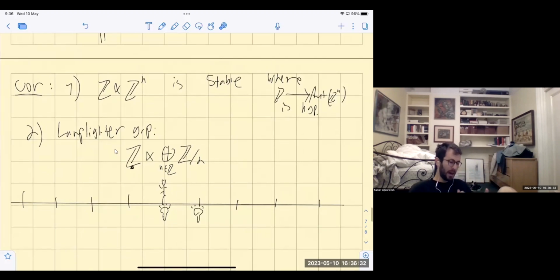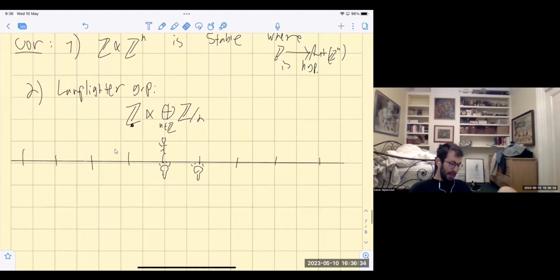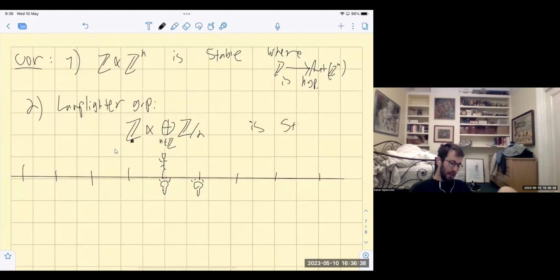We study this group a lot, and this is part of a corollary: it is stable. And why is it stable? Because here this is the abelian group A, and the dual of this group is exactly (Z/2)^Z.